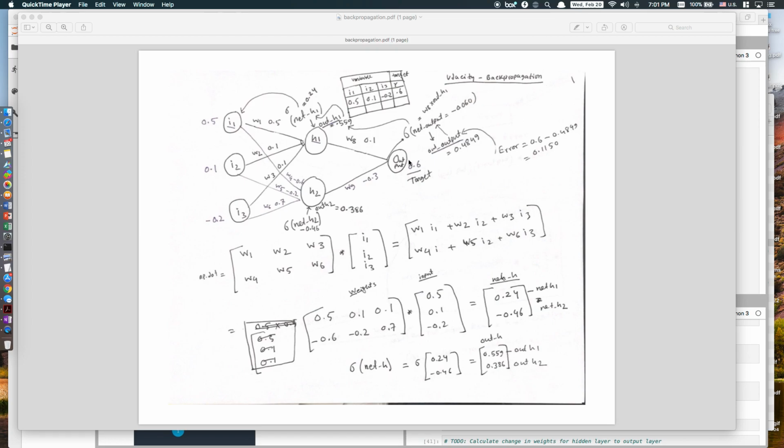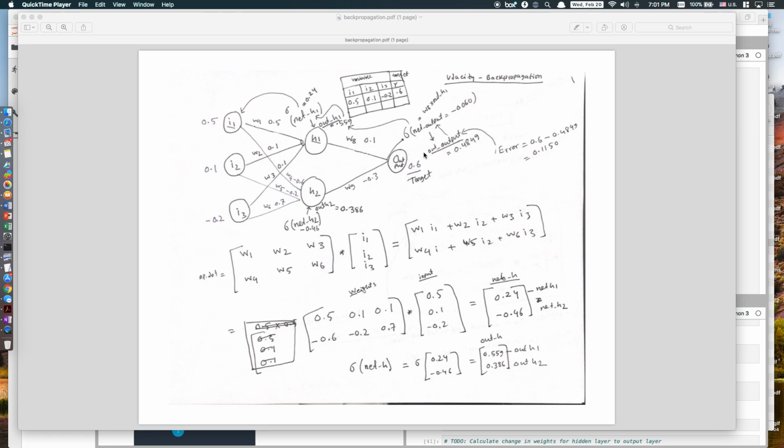If we want to change w1 here, again we take our error term from output: the derivative of this, 0.4849 multiplied by 1 minus 0.4849, multiplied by 0.1150. This is the error term.